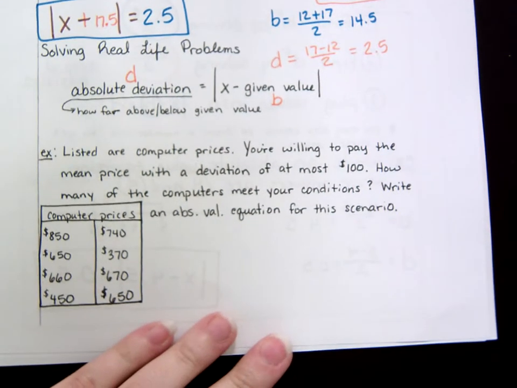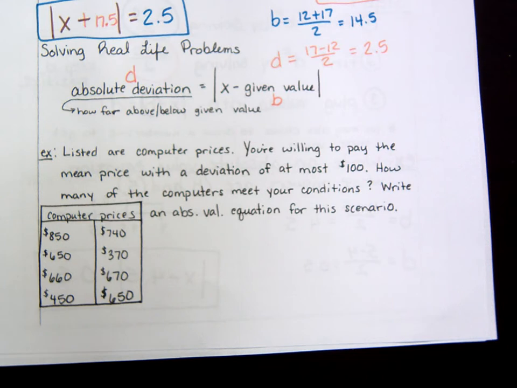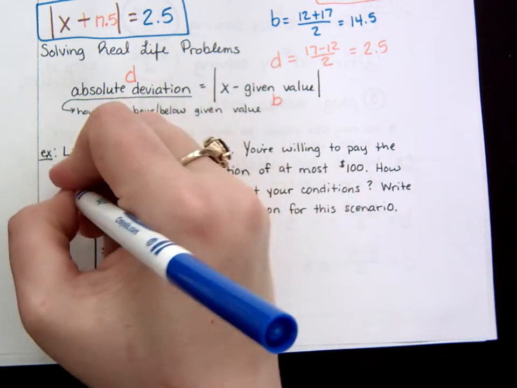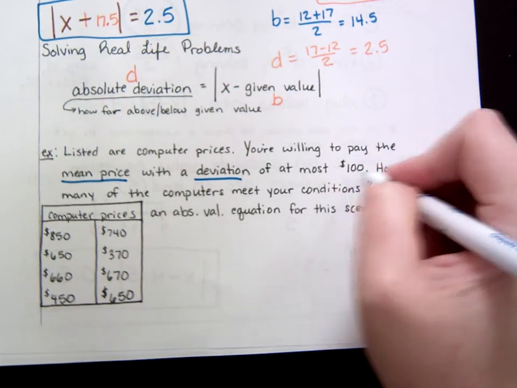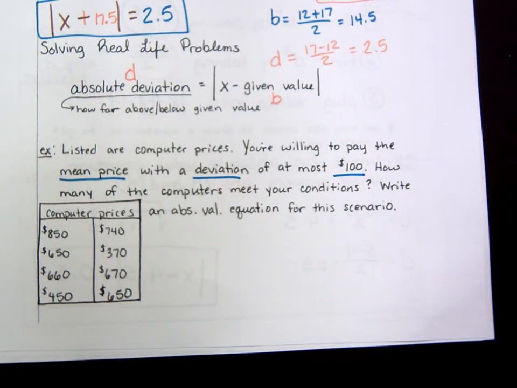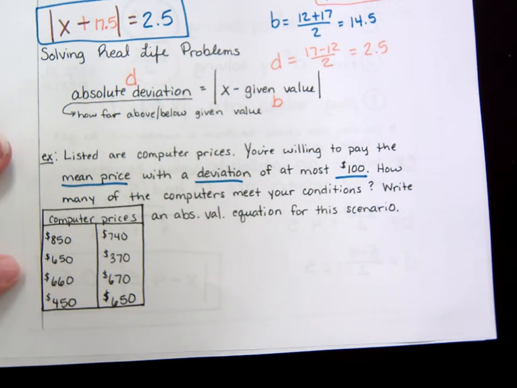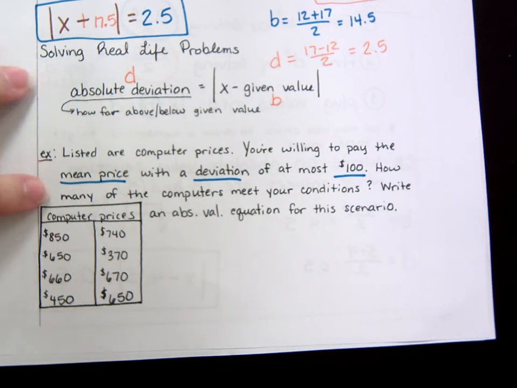So let's look at this problem here. Listed are computer prices. You're willing to pay the mean price with a deviation of at most $100. How many of the computers meet your conditions? Write an absolute value equation for this scenario. So the first thing we would have to do is find what the mean price is.